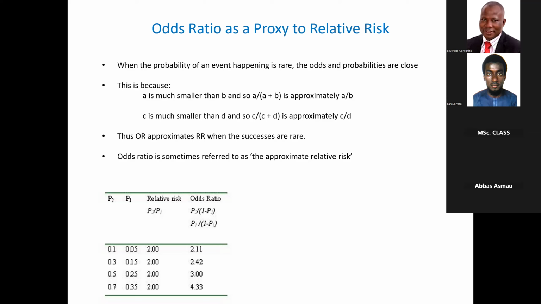It's just like if the HOD is not around, you are the lecturer under the HOD, he can say, go and represent me in that meeting. The HOD is the relative risk, the real person we want, the person that's supposed to go to the board meeting. Because we want to quantify risk, it's actually relative risk that will help you quantify the risk.